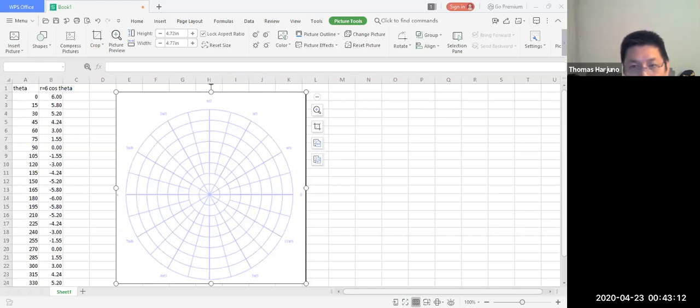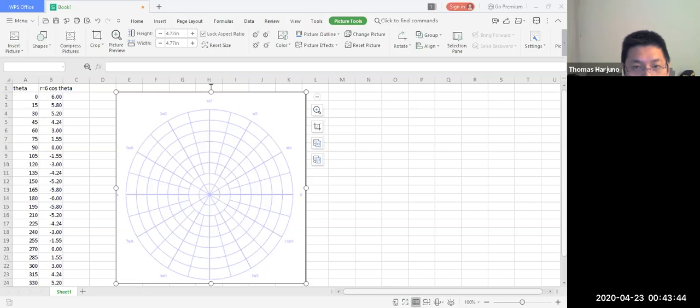I make it in a way that this is 90 degrees, divided by 6, so each spoke here is actually 15 degrees off. So for 15 degrees, that's 5.8. And 30 degrees, that's 5.2.